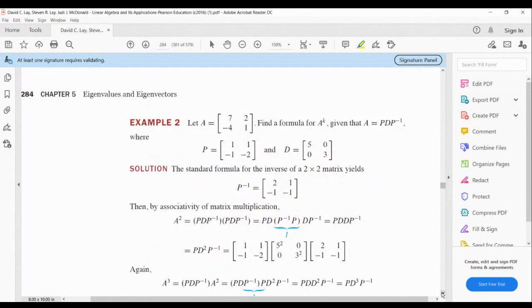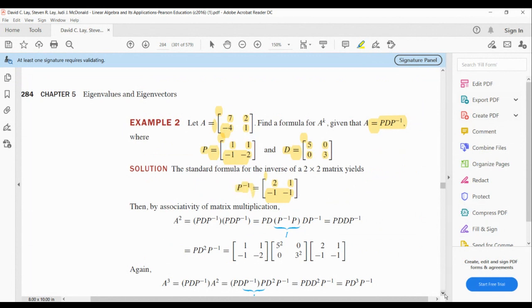Why is diagonalization helpful? Let's say in example 2, you have a matrix A, and A equals P times D times P inverse. In other words, A is diagonalizable, where P is that matrix, and D is this diagonal matrix. And then you can get the inverse easily for a 2 by 2.